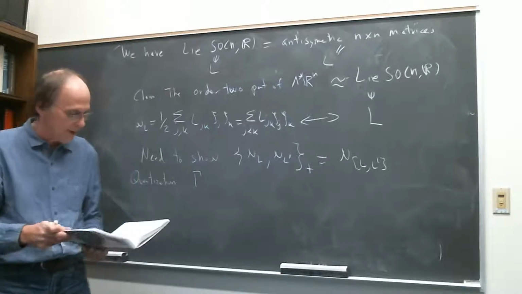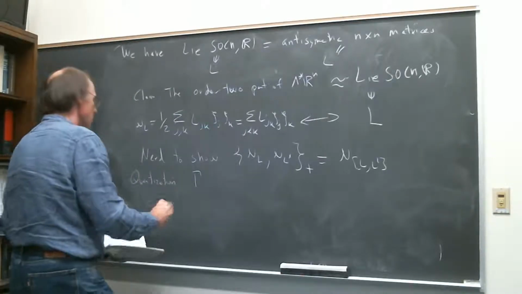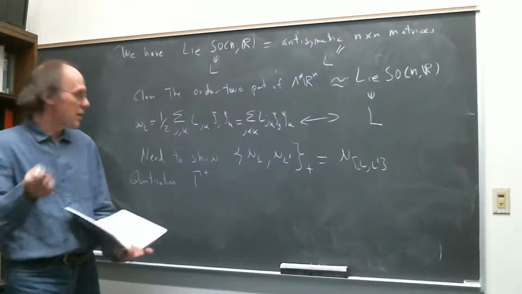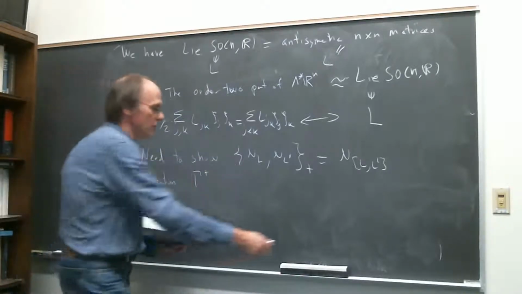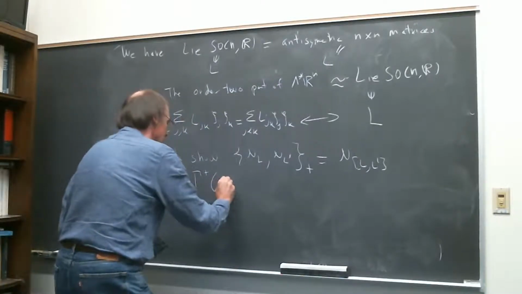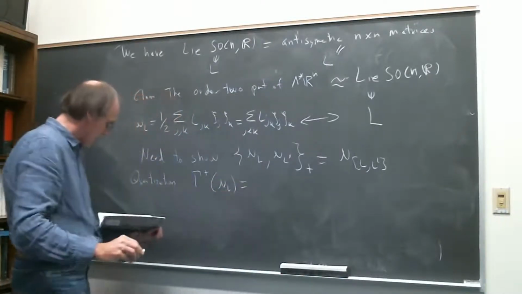So what you do is you just take the thing I told you to do, which I just erased down there, and this tells you that associated to this guy you get a quarter.